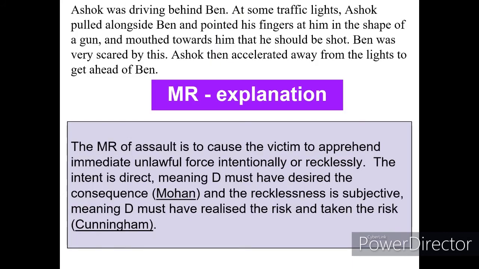Mens rea would come after the actus reus. So the mens rea of assault is to cause the victim to apprehend immediate unlawful force intentionally or recklessly. The intent is direct, meaning the defendant must have desired the consequence, Mohan, and the recklessness is subjective, meaning the defendant must have realised the risk and taken the risk, Cunningham.